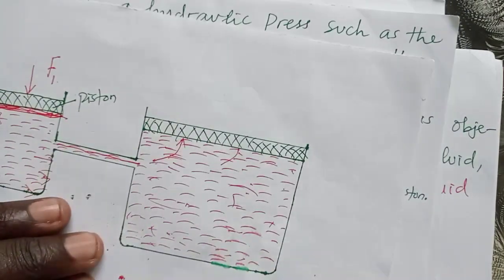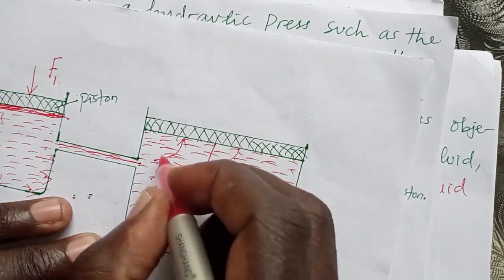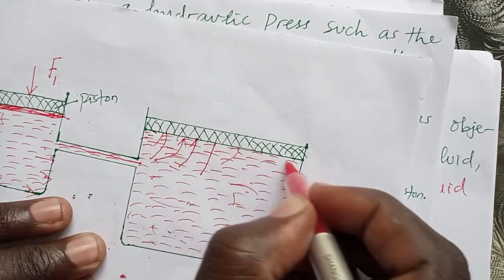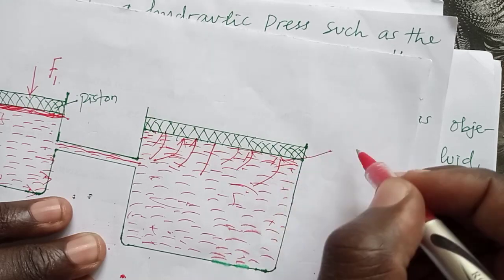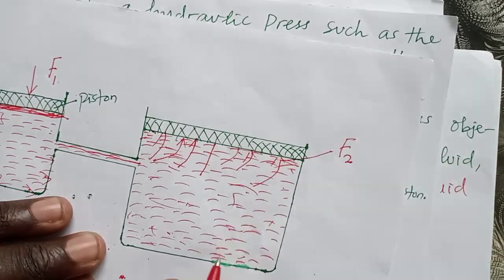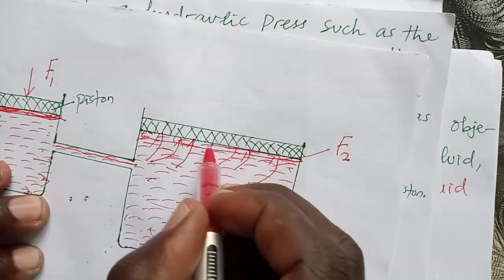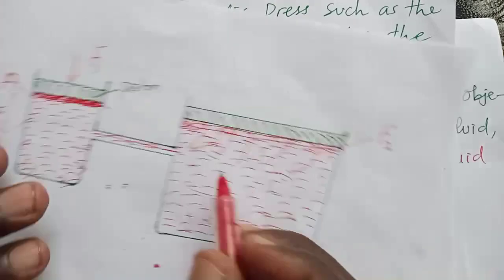But again, we also know that if the pressure is transmitted here, there will be force on the piston here as well. So if we get the total force, we can call it F2, the second force, and then this one you can see that the area is not the same, it's not identical to this one.